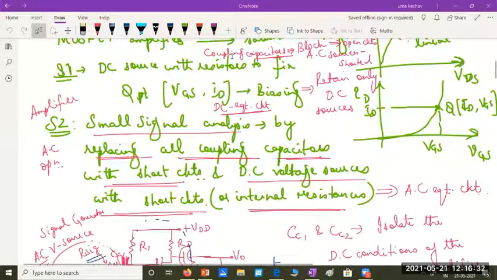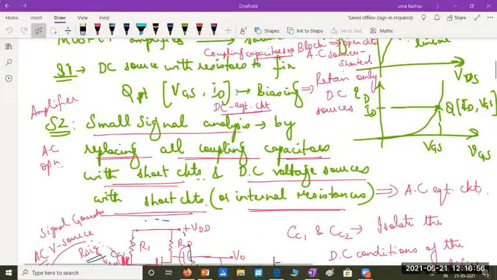And when we do the DC analysis, we will open all the capacitors in the circuit because they block DC, and we will short all AC voltage sources in the circuit. If there are current sources, you open the current sources. So the first step is to do the DC analysis and fix the Q point.